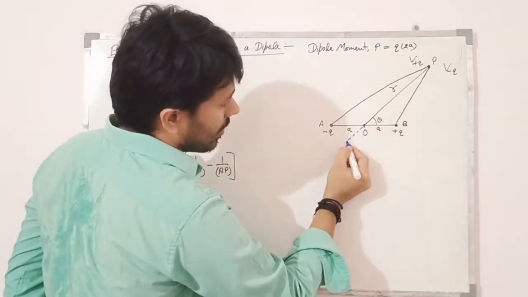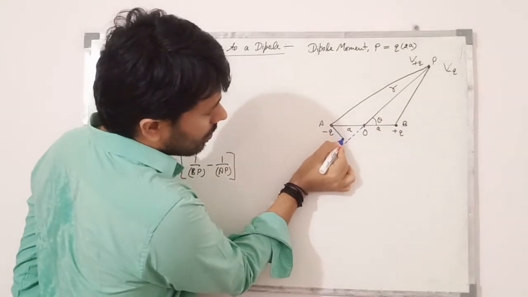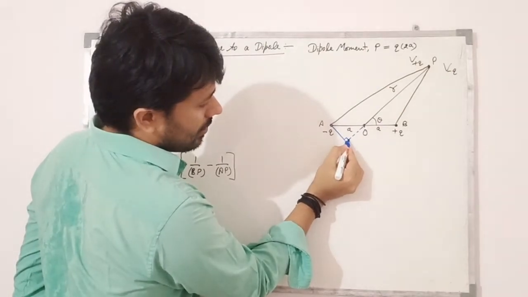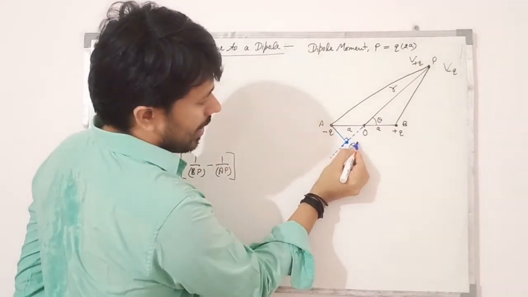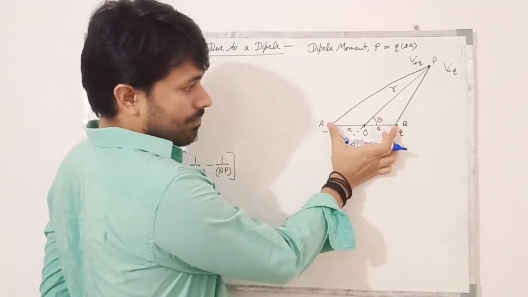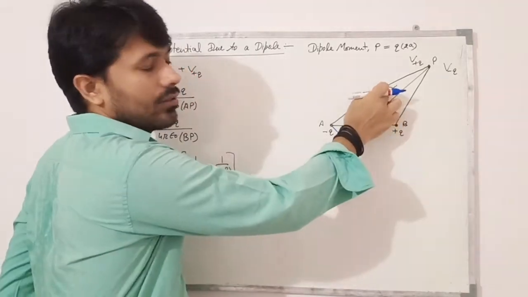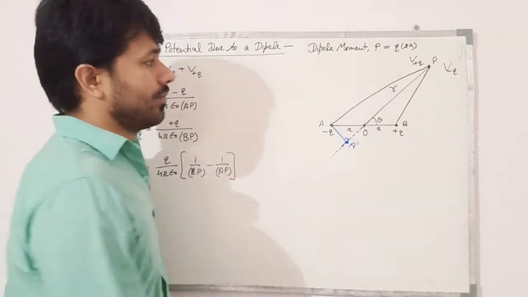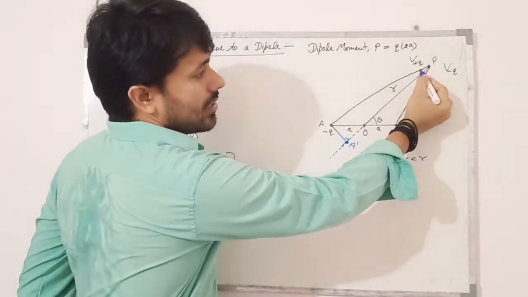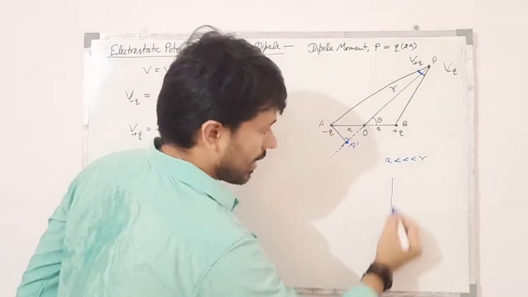This OP is further extended, and we draw a perpendicular on it from the point A, and let's say this is A dash. If the dipole is small, we know that A is very, very small compared to R, which means this angle is very small, and it's something like this.